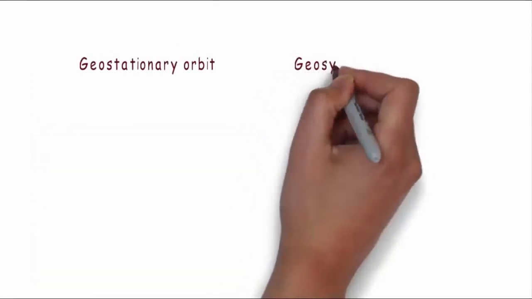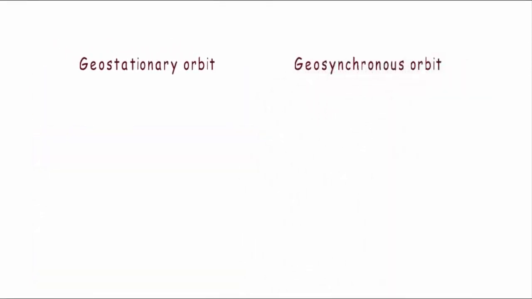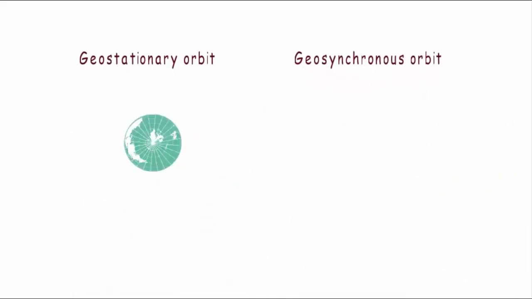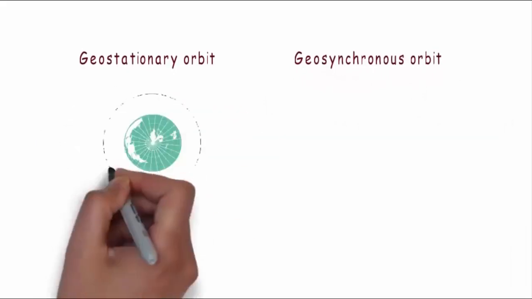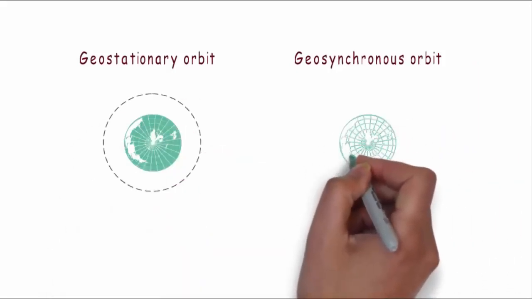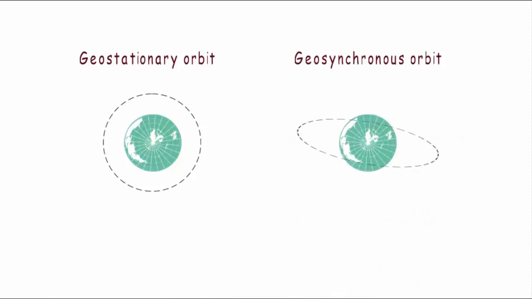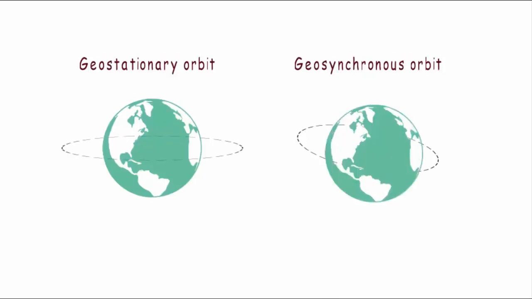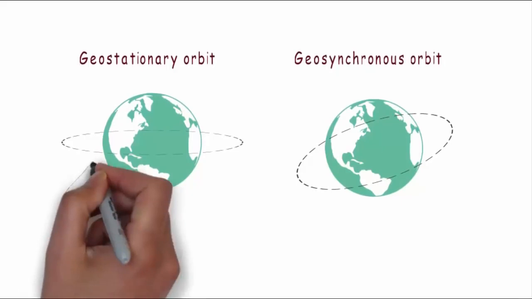Now let's see what are the differences between geostationary orbit and geosynchronous orbit. The first difference is geostationary orbit is circular and geosynchronous orbit is not circular. The geostationary orbit lies in equatorial plane while geosynchronous orbit is inclined with respect to equatorial plane.